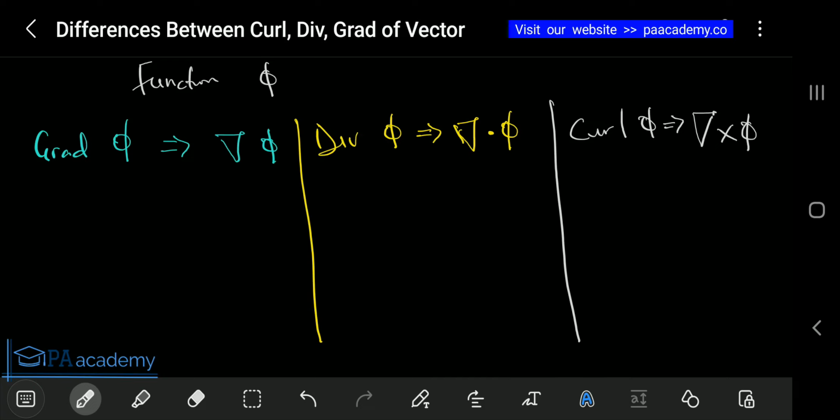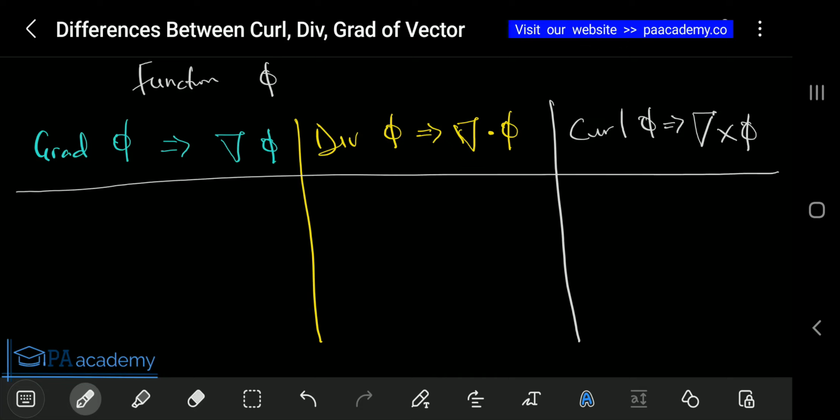Another thing is the answer that you are going to get. In your final answer, when you are dealing with curl operations, the answer is always in coordinates, or should I say direction, such that you are going to have it in ijk.